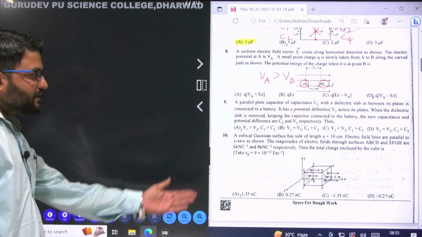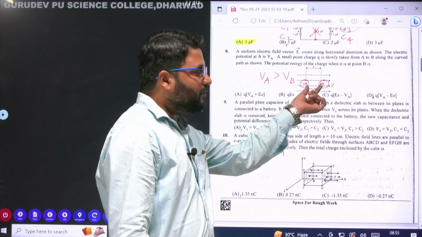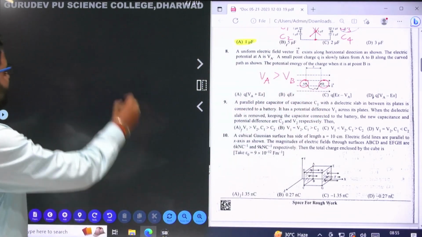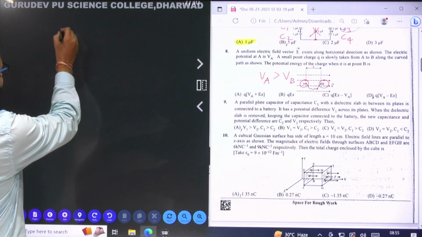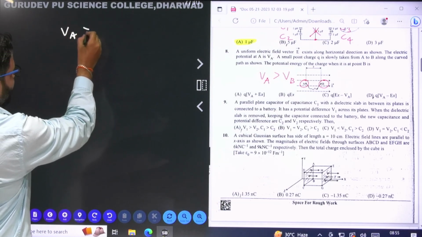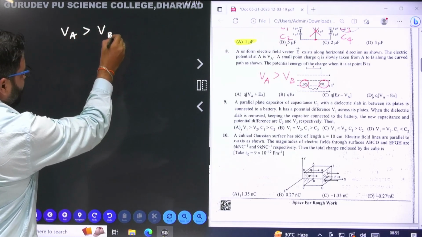So I'm going to write that potential at A is greater than potential at B.